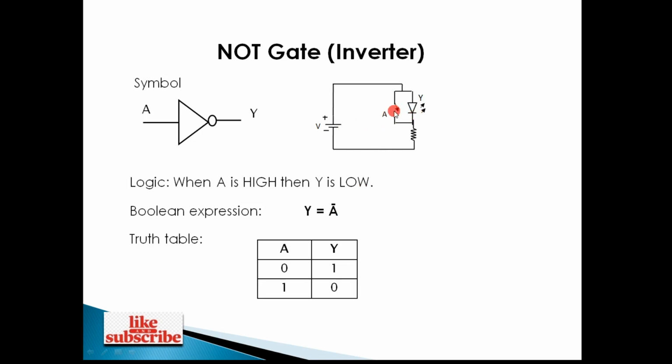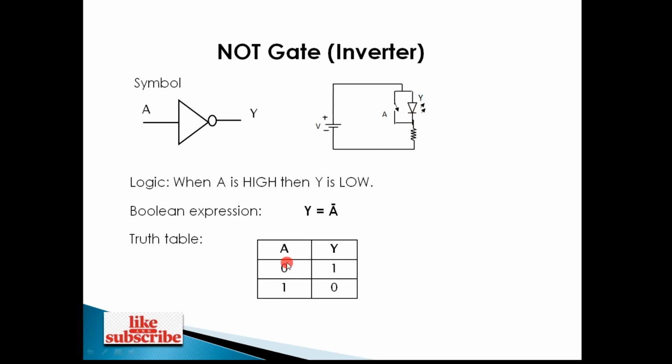When the switch is closed, the current will flow through the switch and not through the LED, and hence the LED will be off then. And when the switch is open, then the current will flow through LED and LED will glow. That means when switch is open, input 0, LED will glow, output 1, right. So inversion operation.